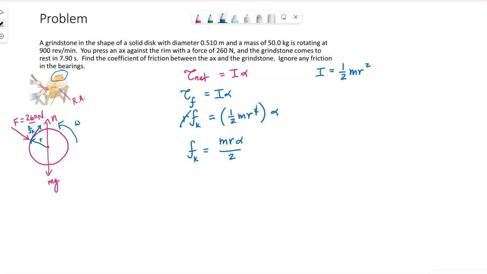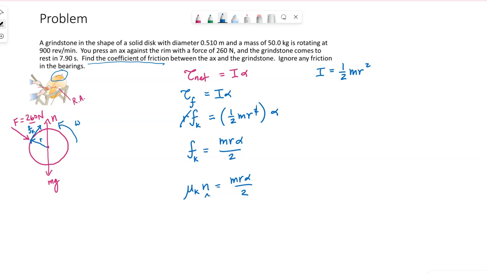In this case, we're trying to find the coefficient of friction. That's going to be within the friction force. We know friction can be written as the coefficient of friction times the normal force. So we will need to find alpha first.